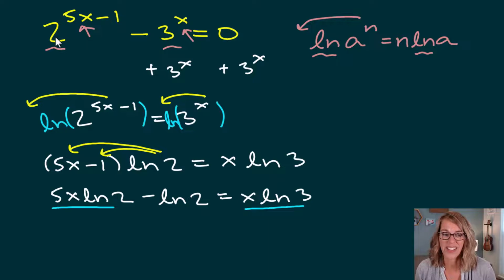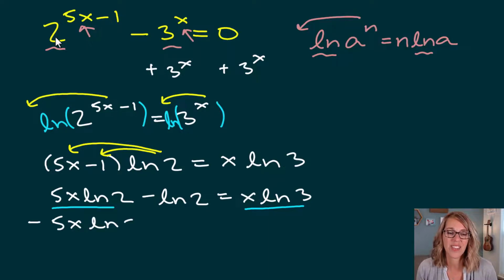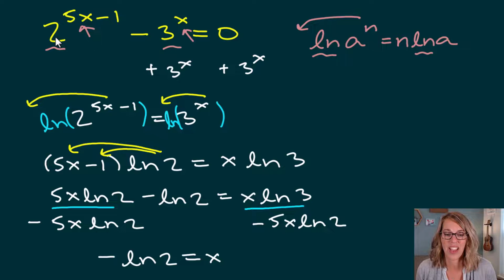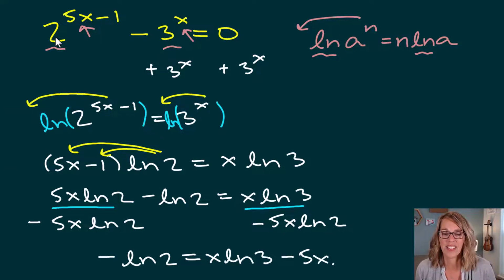Let's subtract the 5x ln 2 to the other side. So I get my x's on one side, and I'm going to leave that non-x term, natural log of 2, on the other side. Okay, so keeping everything straight here, I end up with minus natural log 2 is equal to x natural log 3 minus 5x natural log 2.